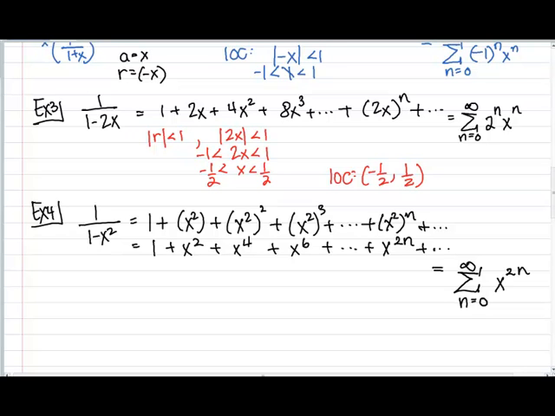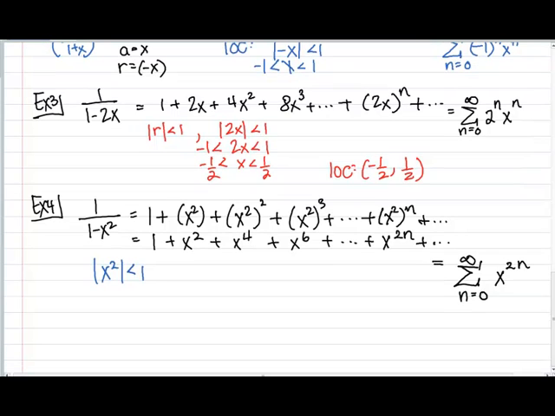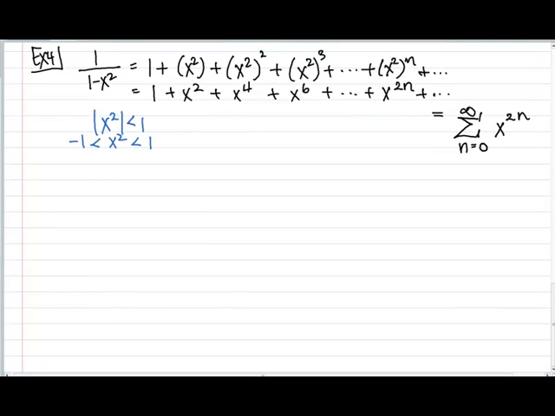Let's think about our IOC. r happens to be x squared, so the absolute value of r has to be less than 1. So that means x squared is between 1 and negative 1. Now, try to be a little bit careful here. This is now algebra. x squared is always going to be some positive number, so I really don't have to worry about that half of it. I have to worry about x squared being less than 1.